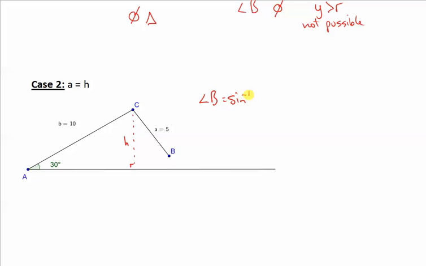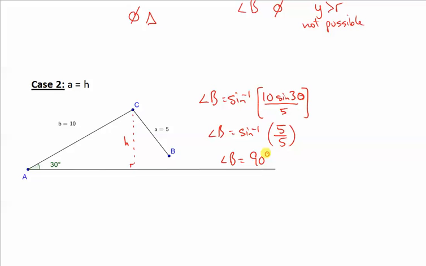Arc sine of 10 sine 30, this time divided by 5, and we know that the sine of 30 is half, so 10 times half is 5 over 5, and the arc sine of 1 is 90 degrees, which is a confirmation. We get one right triangle in this scenario.